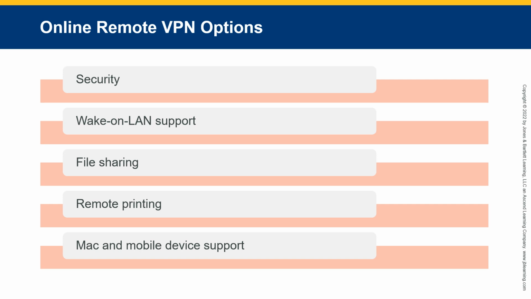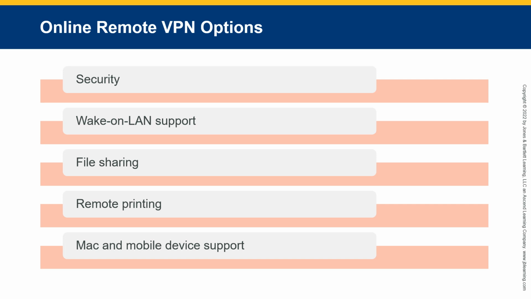Online remote VPN options. All right, so these are things you want to make sure your VPN has. Security, of course, that offers encryption, confidentiality, and integrity. They want to have that wake on LAN support. So when you're not paying attention and your computer goes into screensaver mode or something like that, you don't want your VPN disconnecting.